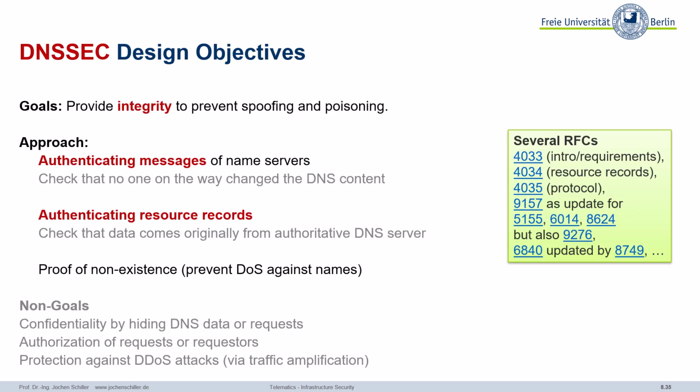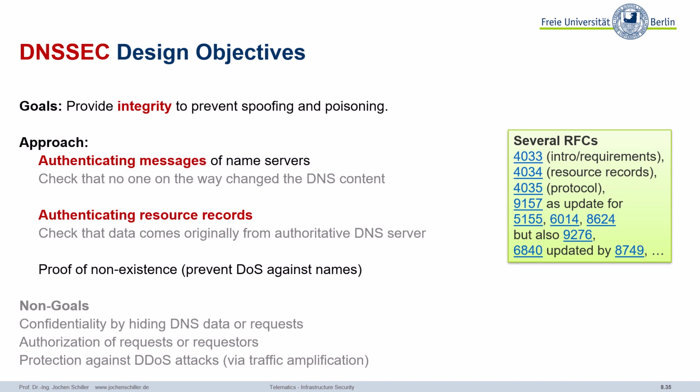The overall goal is to provide integrity to prevent spoofing and poisoning. Spoofing and poisoning means you alter answers, for example, or you poison DNS caches. What is the approach?